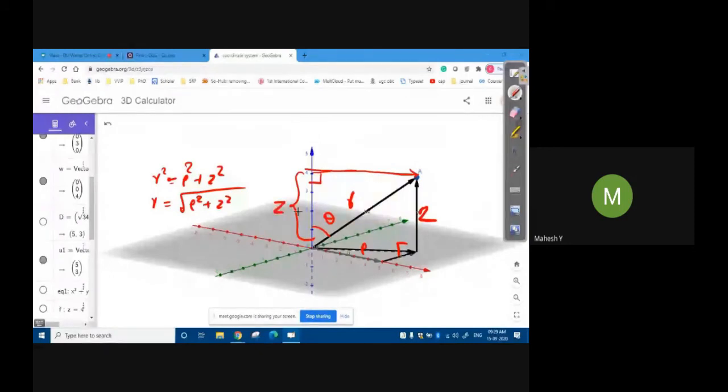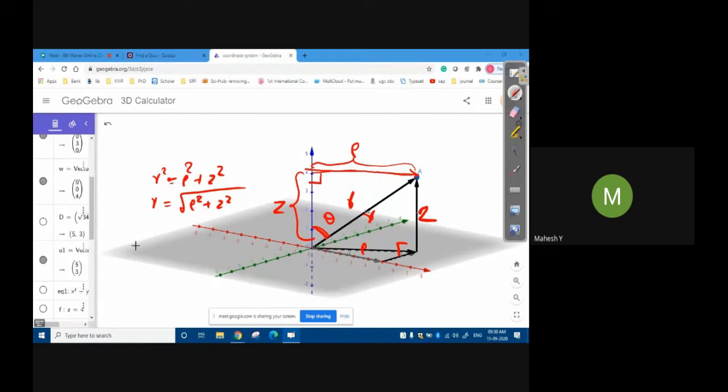So this length is Z, and this length is rho. This is hypotenuse R. Now this is the angle theta. I want the relationship between theta in terms of rho and Z.